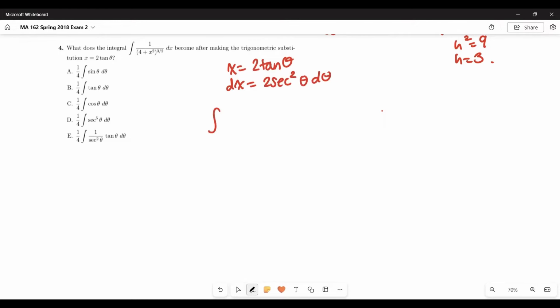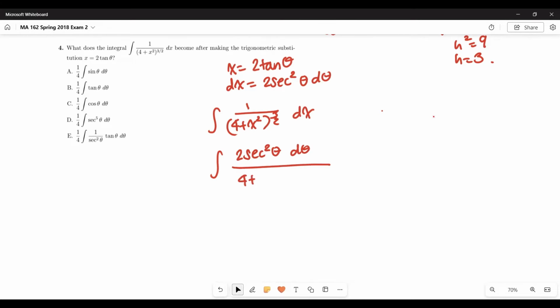So let's write it. 1 over (4 plus x squared) to the 3 over 2 dx. So dx is given as 2 secant squared theta. Let's write it over 4 plus x squared. So 4 plus x squared becomes 4 plus 4 tangent squared theta, to the 3 over 2.